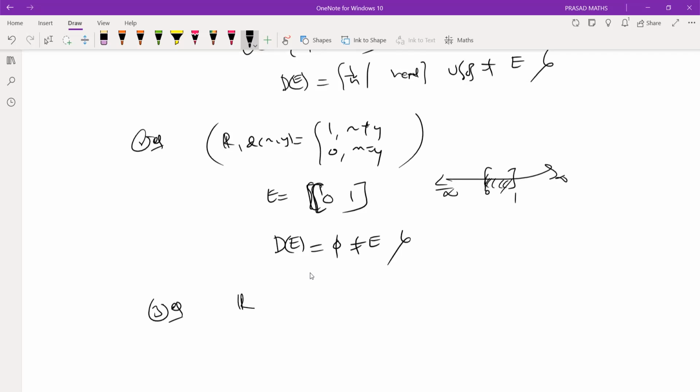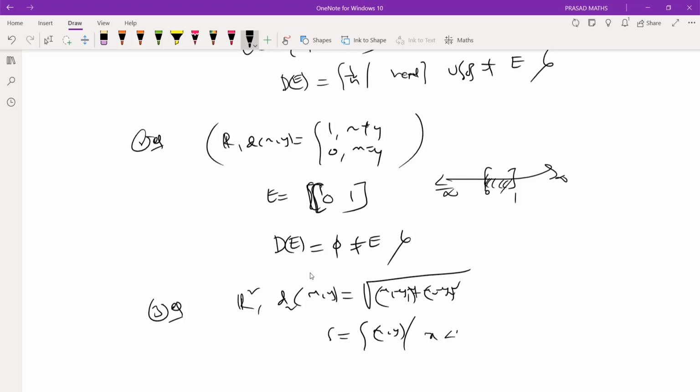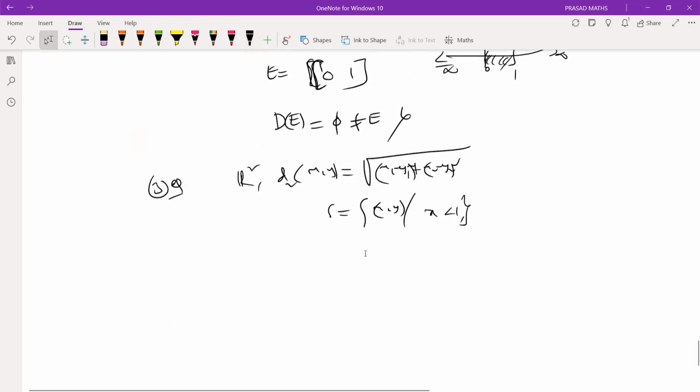Right? Suppose R squared with respect to the usual topology. Suppose my set is E = {(x, y) such that x is less than 1}. Is it a perfect set?